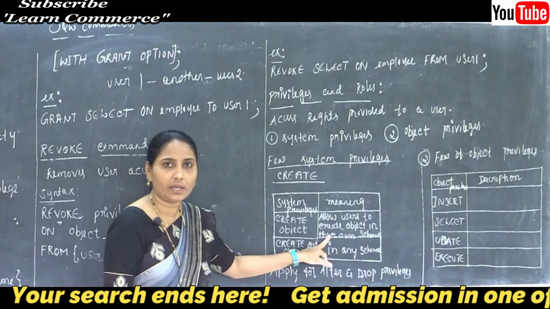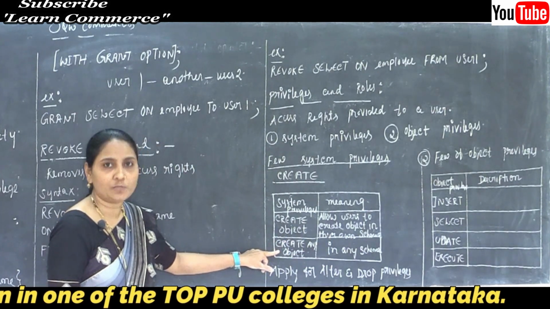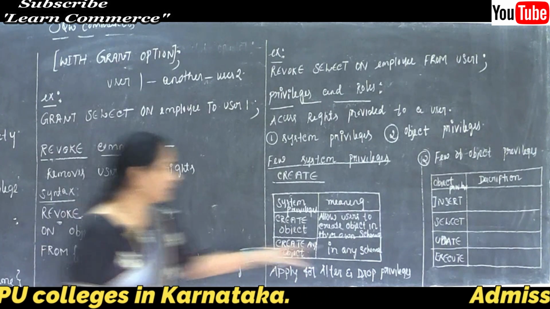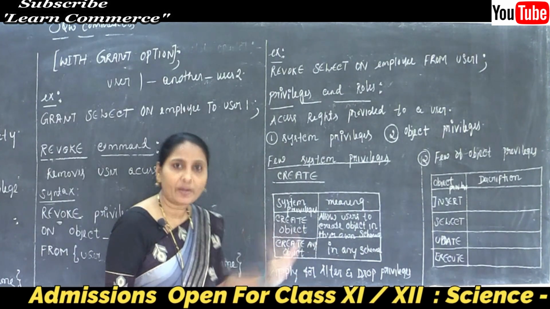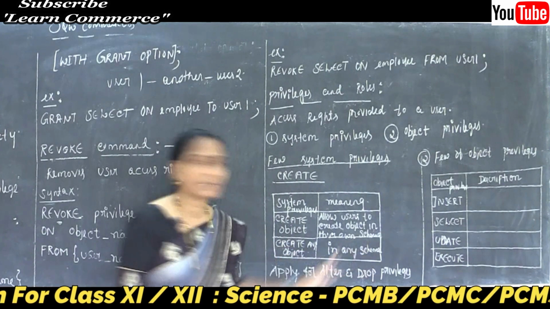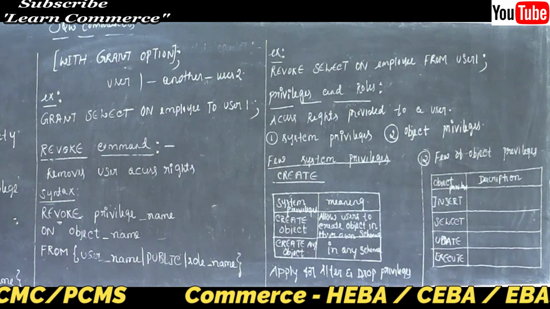And now the difference to create any object. Create any object means allowing the user to create the specified object in any schema, by using any kind of operation, going to create the table.